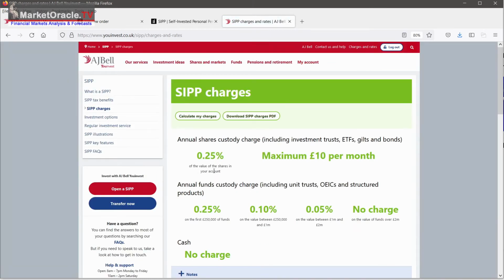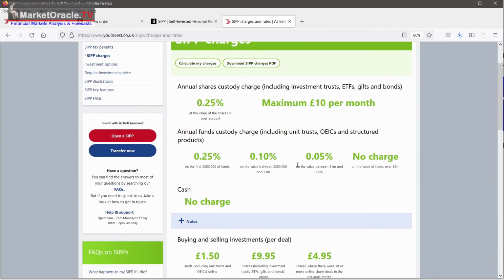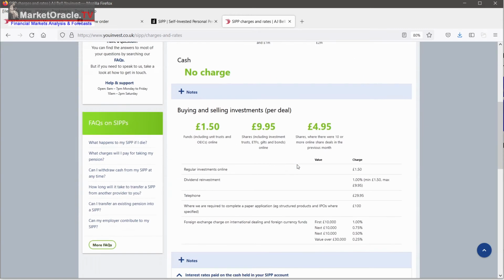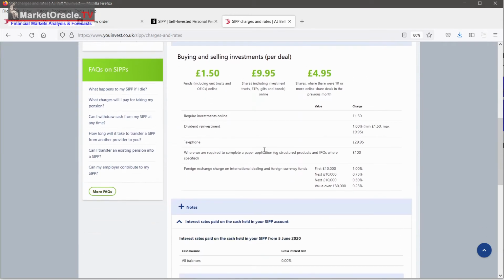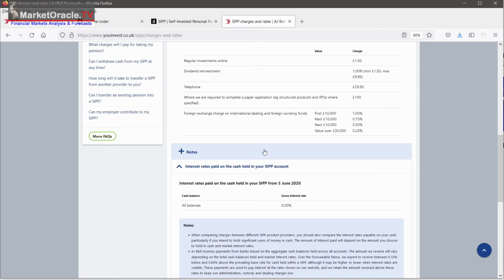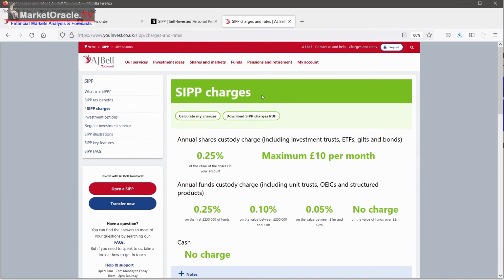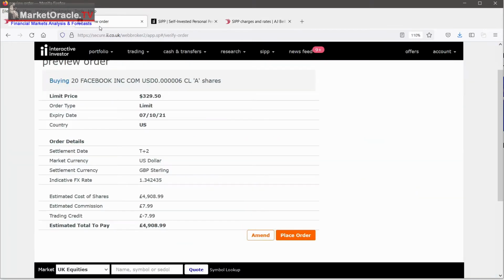See, it's 0.25% up to £10. Same £10 a month. So they charge the same for the SIP fee, so there's no difference, but II is a better platform.